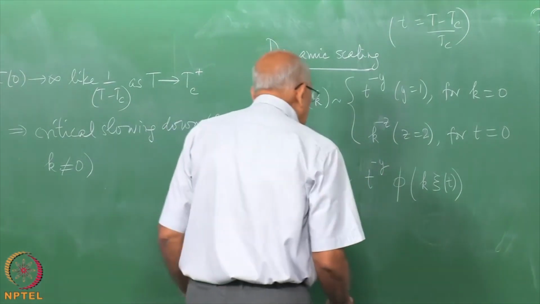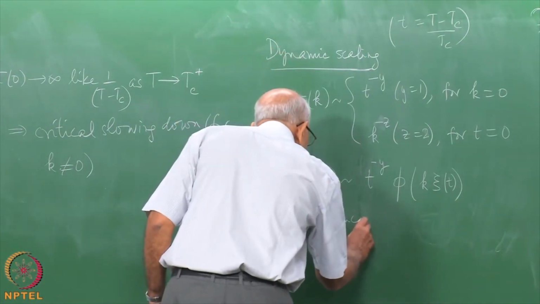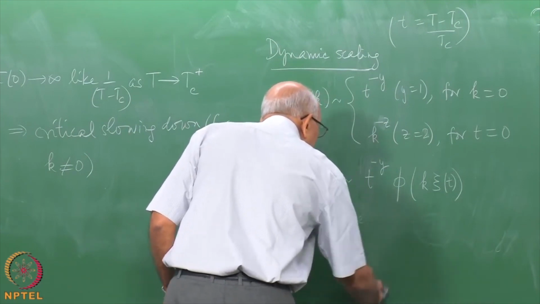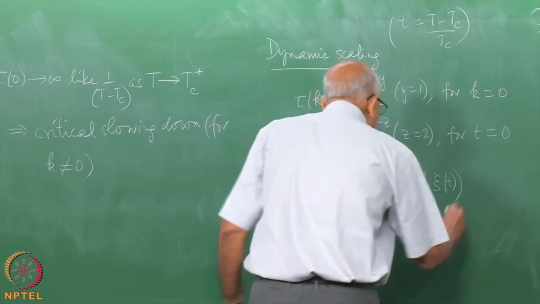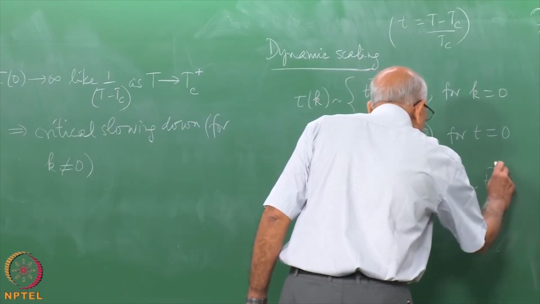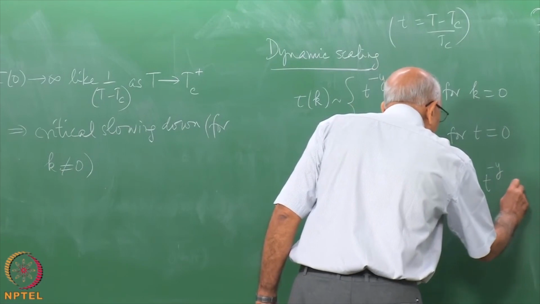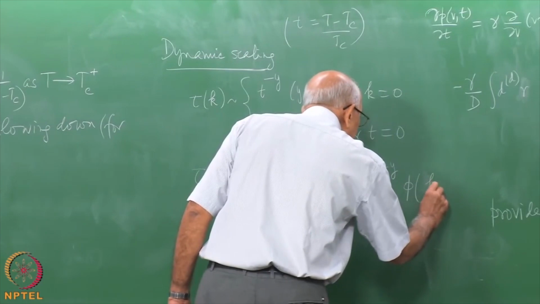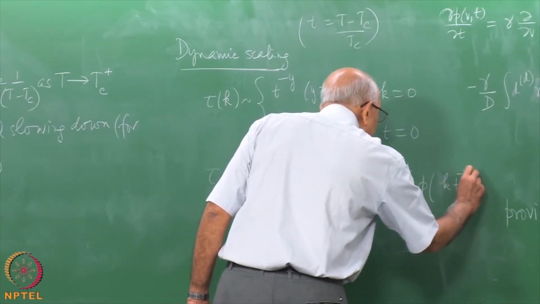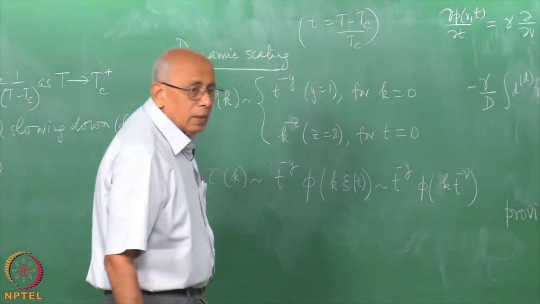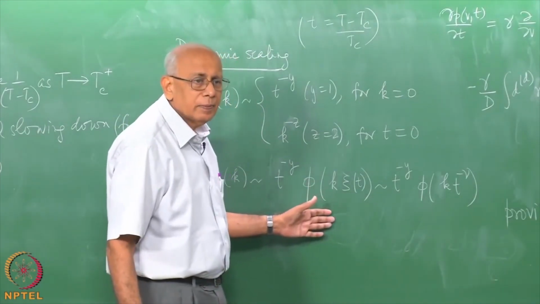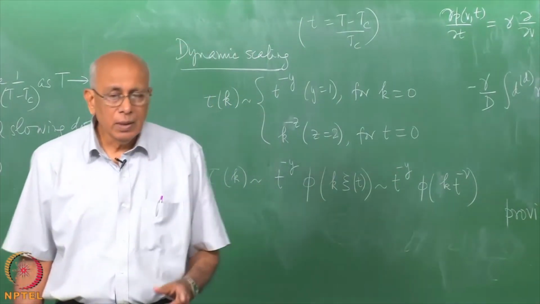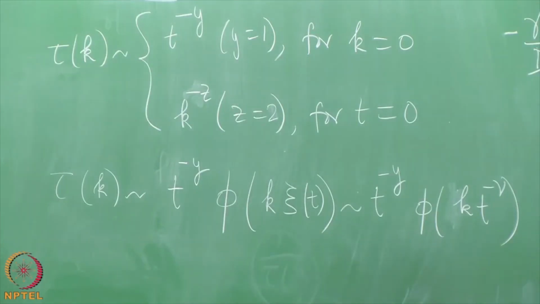And now we need to get these two from it out here. For that, let me write this in the critical region as t to the minus y, phi of k times t to the minus nu, apart from some constants, because the correlation length diverges like t with this exponent nu, if you recall, which was 1/2 in mean field theory, right.